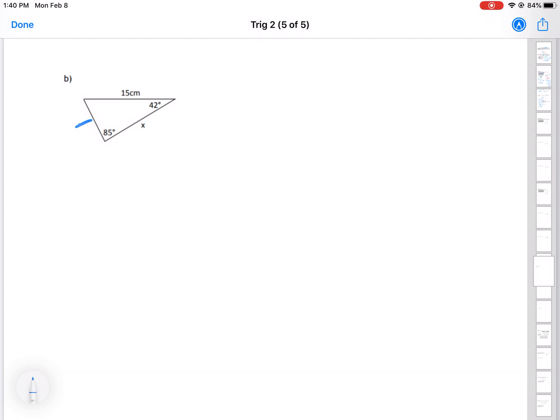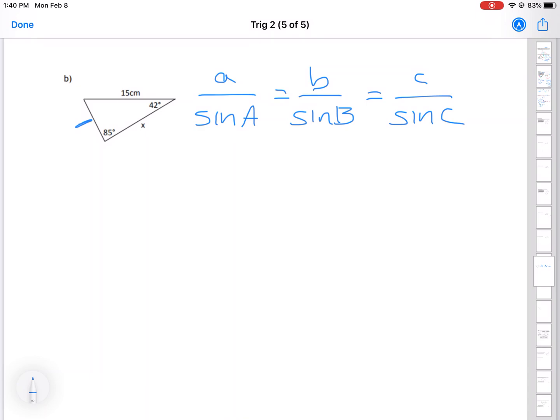Okay, with the cosine rule I need two sides when I want to find the other side, but I don't have both those other sides, which means I can't use cosine. So I know it has to be sine. It's finding a side, so I know that the sides are going to go on the top of the fractions. That's c over sine C. Now, what do I have then?